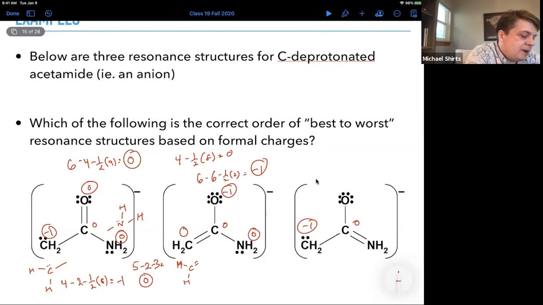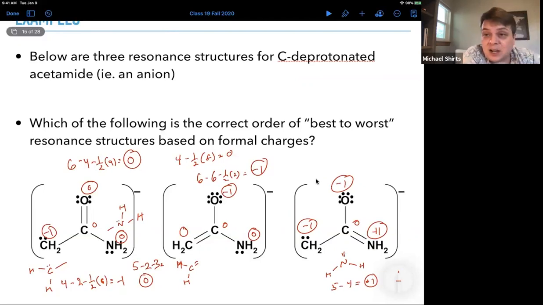Oxygen with 3 lone pairs, 6 lone pair electrons, that's -1. And the NH2 is new. There it's an N with a double bond, an H and an H. So we have 5 minus no lone pair electrons, but 1/2 times 8 is 4, giving +1. Okay, so we've assigned all the formal charges there, and we can see the formal charge assignment works out because the sum is -1.